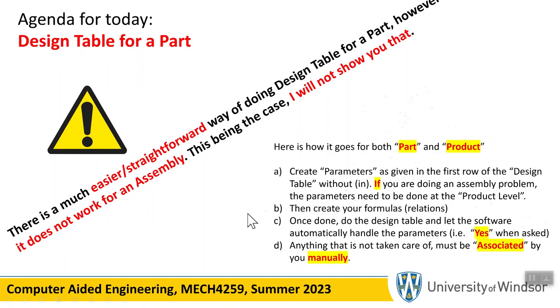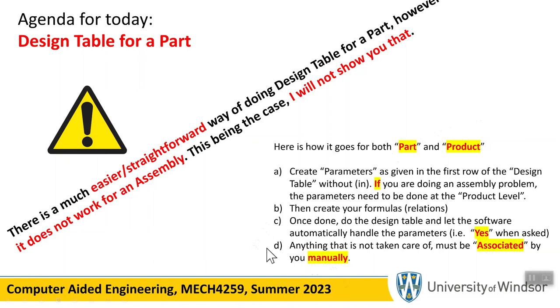And once you're done, you're going to ask for the design table. It's going to come back and say, all right, would you like the software to assign anything that is possible automatically? And choose yes, realizing that depending on what you have done, some of those may not go through, maybe misspelling or things like that, or there are certain things that regardless of how well you spell, it's not going to go through, such as the part name.